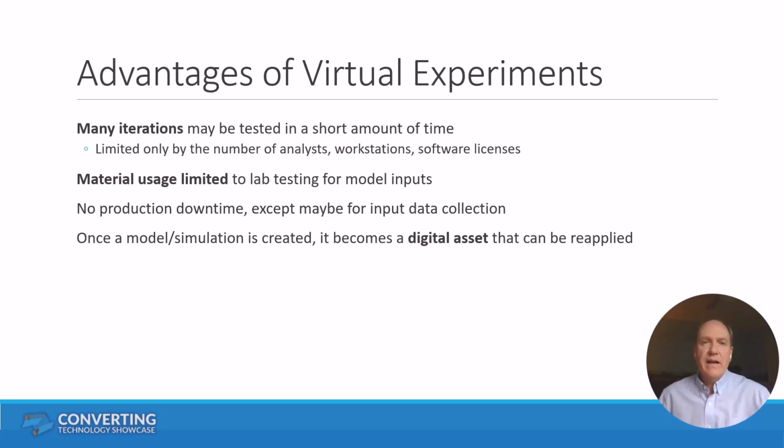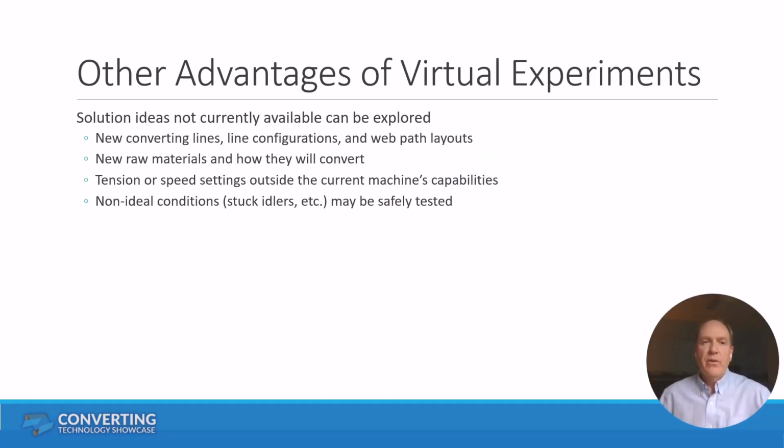And like a physical asset, once you build one of these virtual machines and run experiments on it, you can run lots of different experiments for different purposes to answer different questions. Some other advantages: you're not dependent only on physical equipment that you already have.